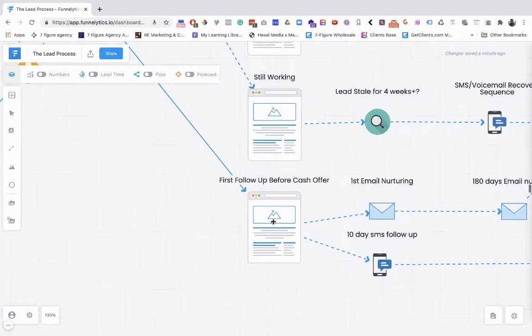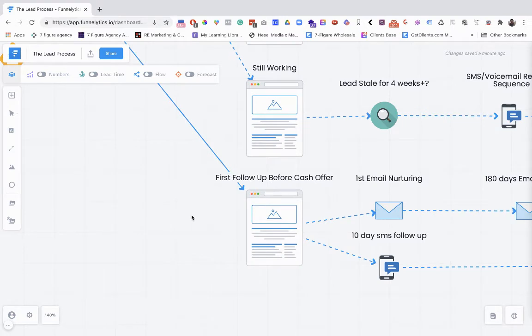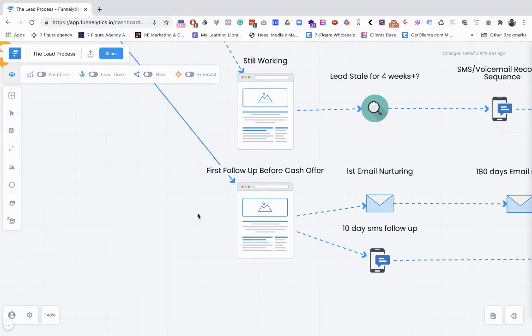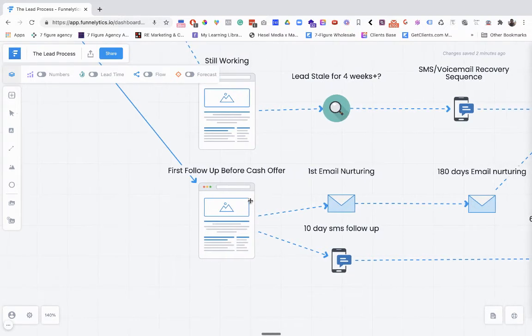The first follow-up is going to be, I want to say, a little bit aggressive and consistent in the first days. We want to make sure that we get this person on the phone as soon as possible and that they reply back. And we see about a 60 to 75% reply rate on our SMS and email marketing campaigns.